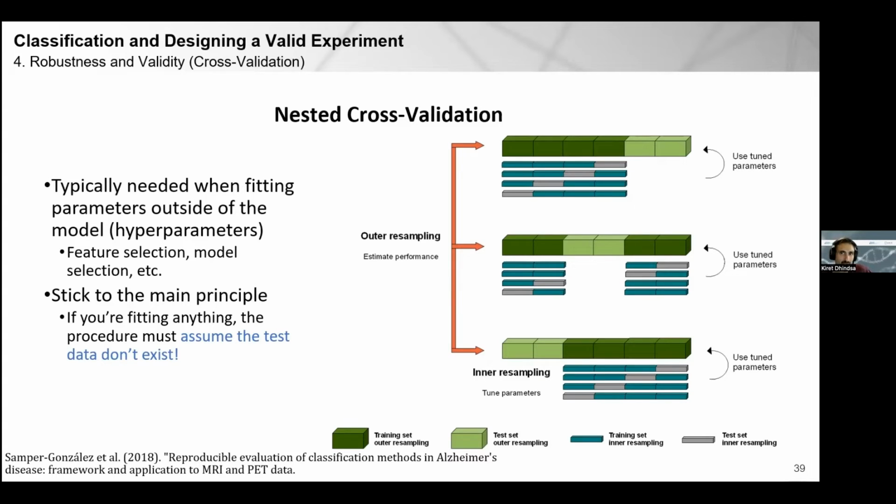So however complicated you need to get with your cross-validation loop, however many nestings you need, or however many statistical methods you need to use to make sure that you get a good valid estimate of your model performance, just make sure you never forget the idea. The goal at the end of the day is that your test data do not exist.